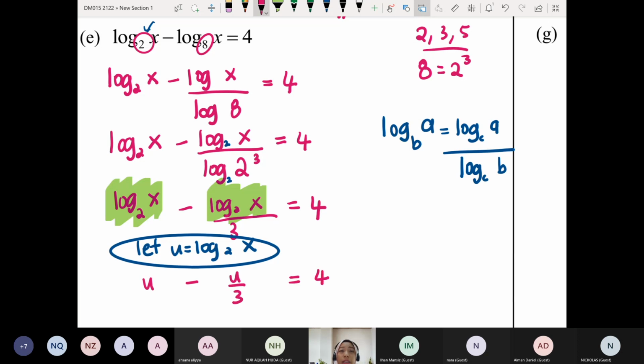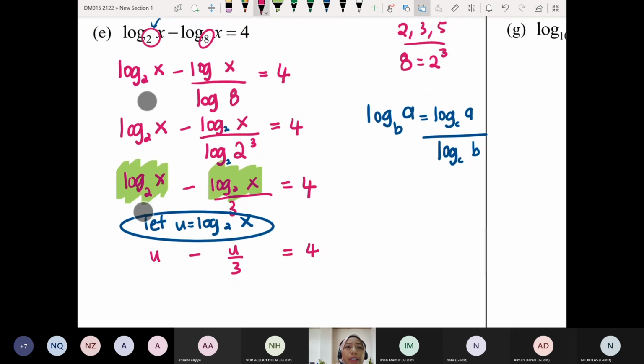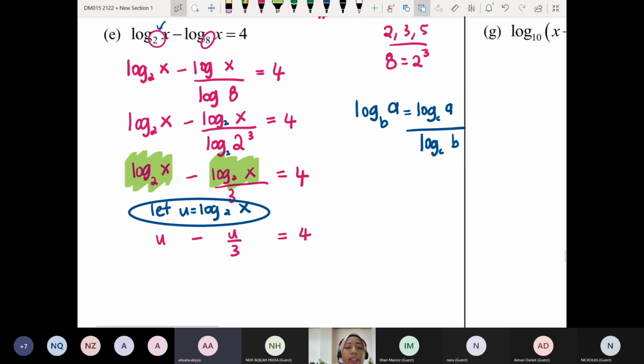Kalau tadi log macam tak boleh nak selesaikan, tapi sekarang kalau u boleh tak selesaikan? Boleh? Okay. So apa yang kita buat? Darab both side dengan 3. So 3u minus u equals to 12. Ini you bawa sini and then you ada over dengan 3, and then 3 ni you bawa ke sana, 4 3 12.